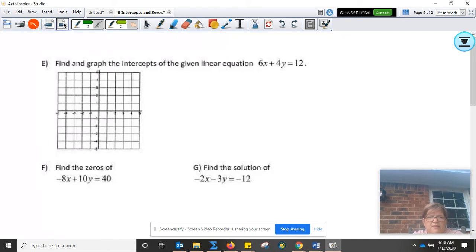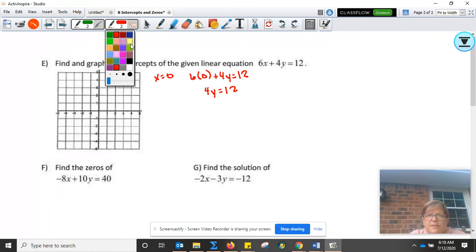E, find and graph the intercepts of the given linear equation. Okay, so when x equals 0, let's find your y-intercept first. So I have 6 times 0 plus 4y equals 12. 6 times 0 is 0, so 4y equals 12, because this pretty much just goes away.